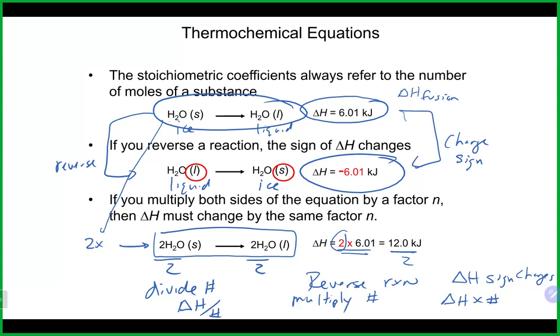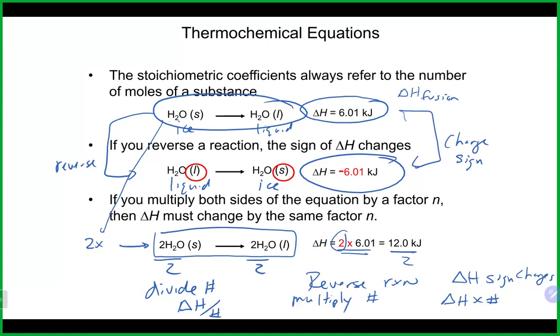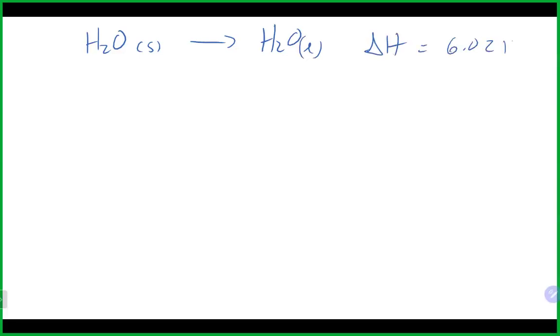Now, what are some other ways that we could use something like this? Let's take the water example here. Water going to water, and our delta H is 6.02 kilojoules. You could actually come up with conversion factors from an equation.